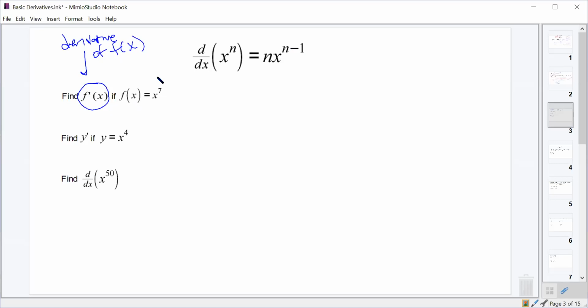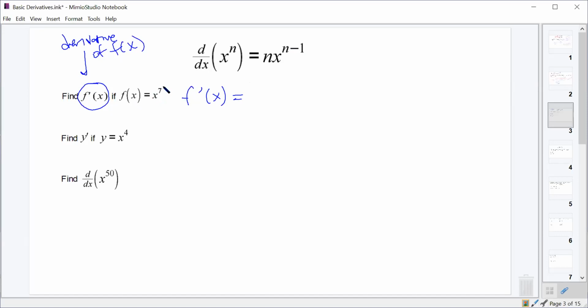We want to find that for f of x equals x to the 7th. What should f prime of x be? How do we do this?